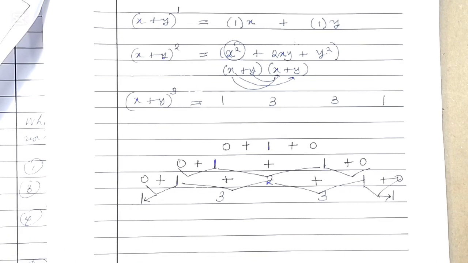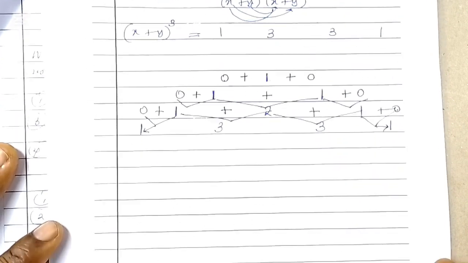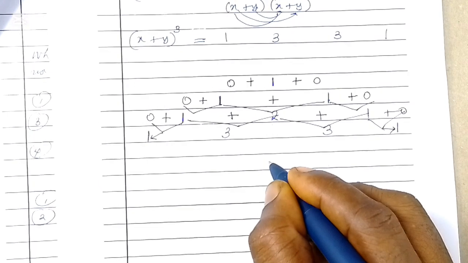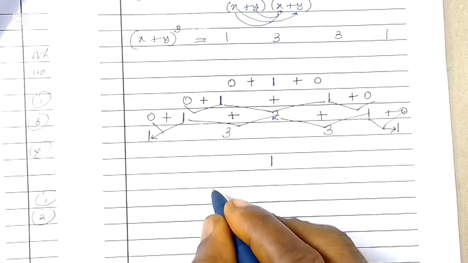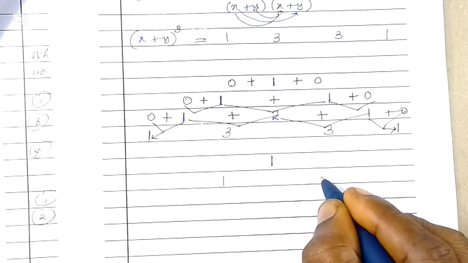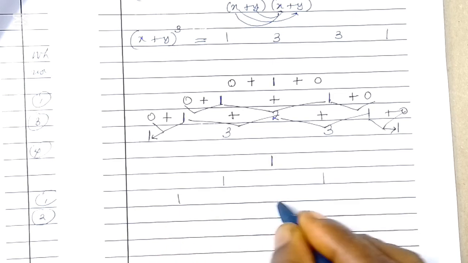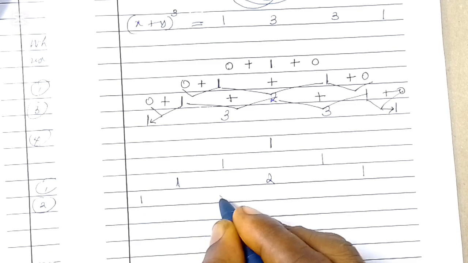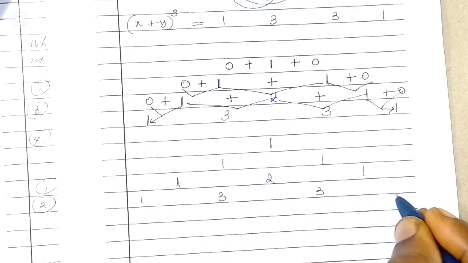Now, what it means is that, to start with, Pascal's triangle shows you that the coefficients of successive expansions are in a triangular form with 1, 1, 1, 1, 2, 1, 1, 3, 3, 1.